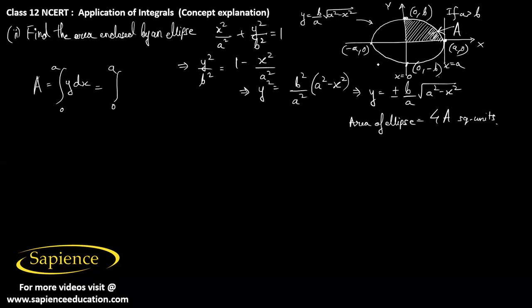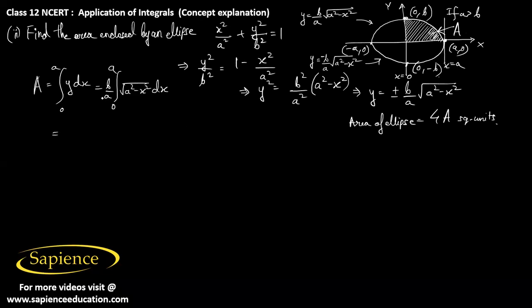And for that branch which is below the x-axis, the equation will be y equal to minus b by a square root of a square minus x square. So this will be integral 0 to a, b by a will come outside, and square root of a square minus x square into dx.